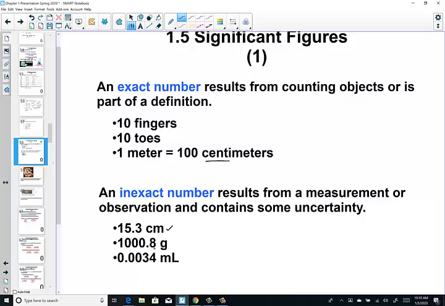I have 1,000.8 grams sitting on the scale. I measured 0.0034 milliliters in a graduated cylinder. Anytime I'm using a measurement, I have a degree of uncertainty based on the piece of equipment that I was given. How accurate is that instrument? Since it's being measured, it is not considered an exact number, but rather an inexact number.